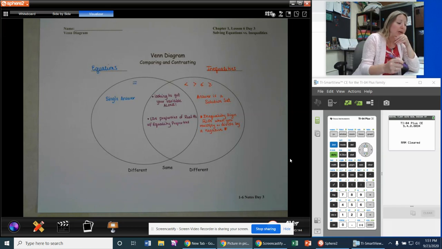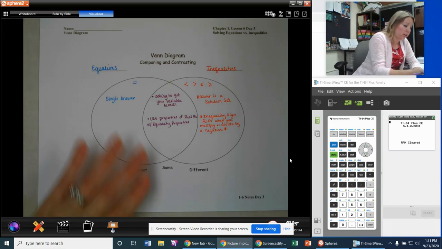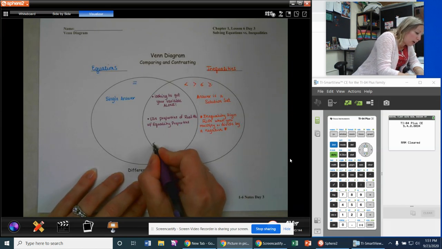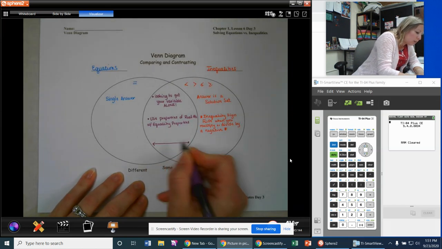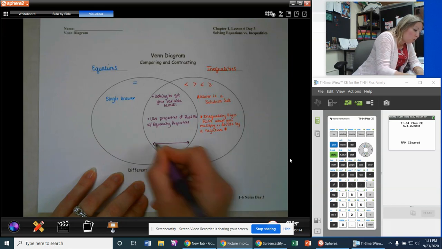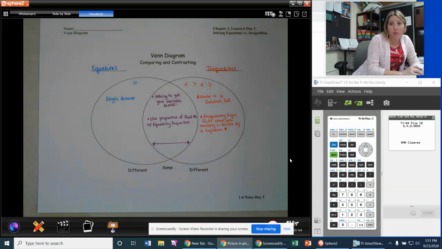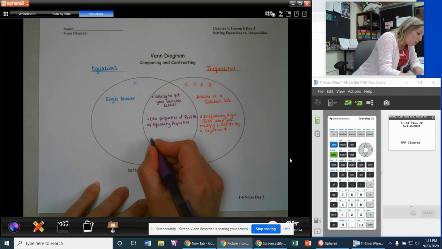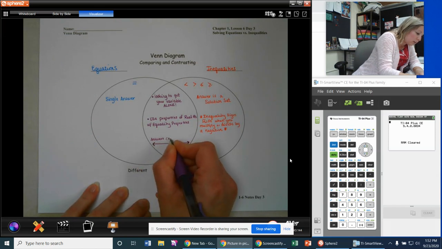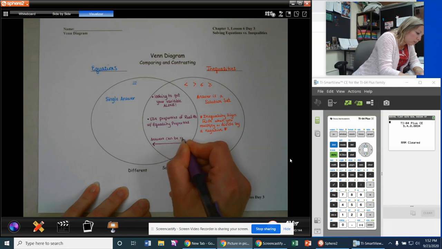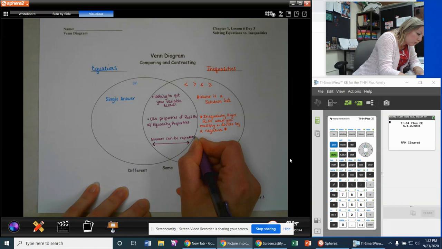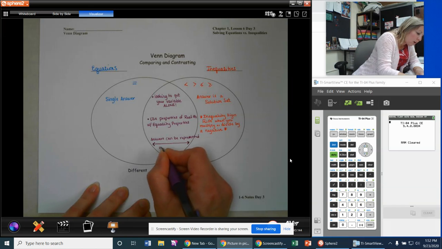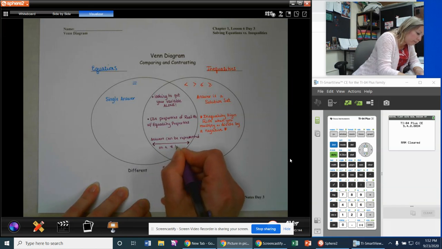Okay. Now, you can represent your answers on a number line for either equations or inequalities. And that is something we'll look at tonight on our homework. So answers can be represented on a number line.